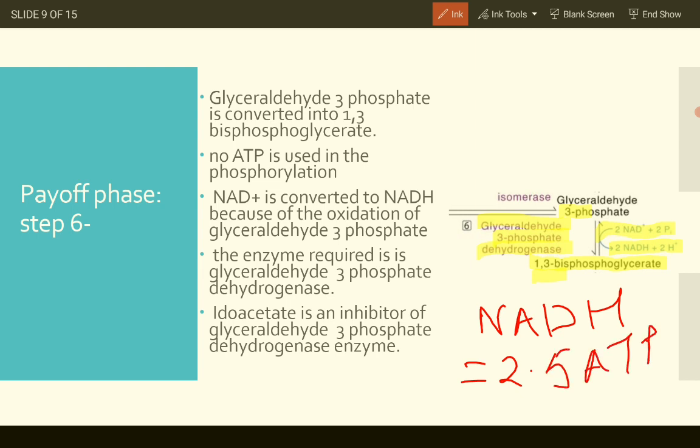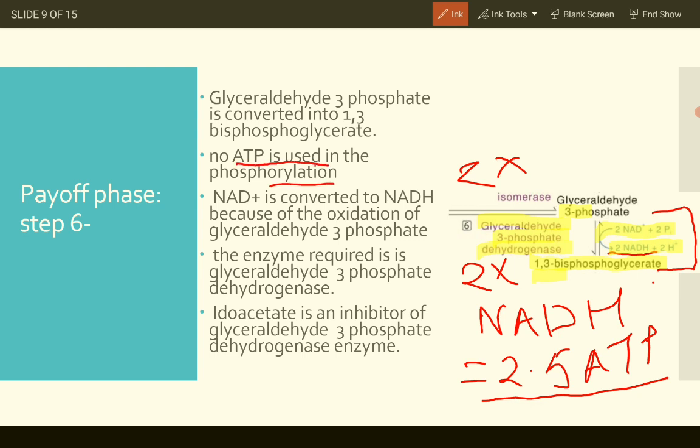One NADH molecule can give energy equal to 2.5 ATP, right? So here energy is being produced in the form of NADH, two NADH molecules, because there are two glyceraldehyde phosphates, so there are going to be produced 2 1,3 bisphosphoglycerate, and there are also going to be 2 NADH molecules, and no ATP is being used in phosphorylation, right?